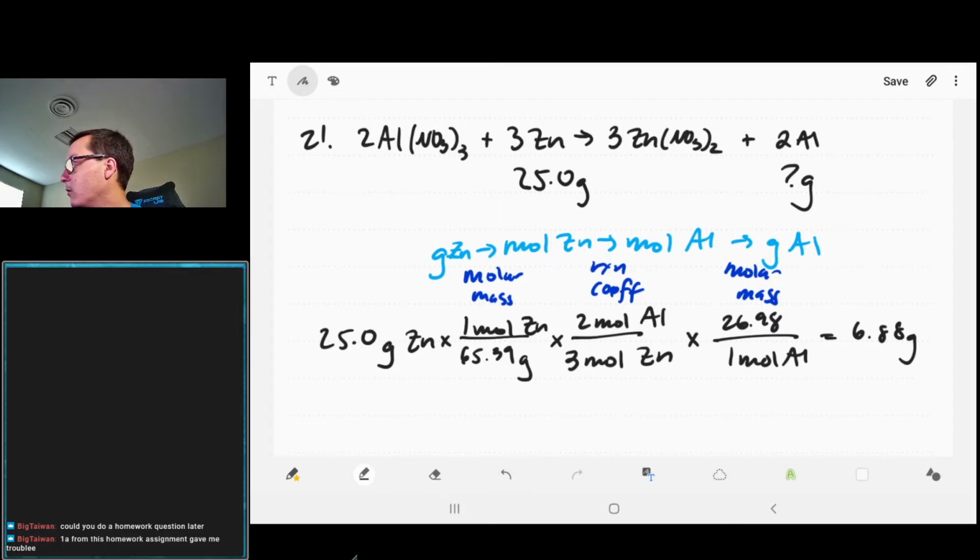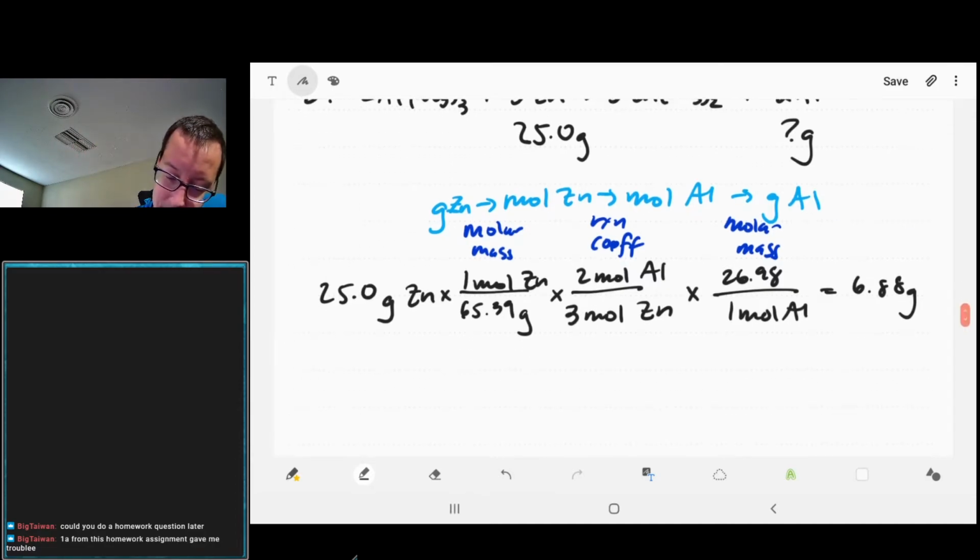Alrighty, and then 31. Alrighty, we have all of this, the last stoichiometry problem here. Alrighty, we're asked for ferric sulfate. So ferric sulfate, this is a time that I had actually talked about ferric and ferrous. Ferric is iron 3.